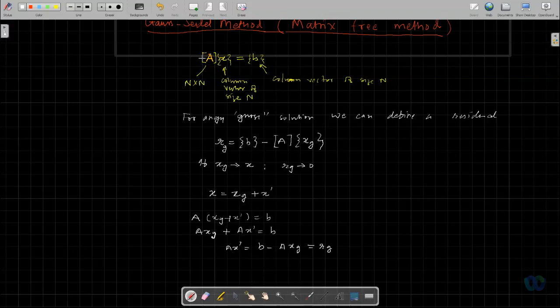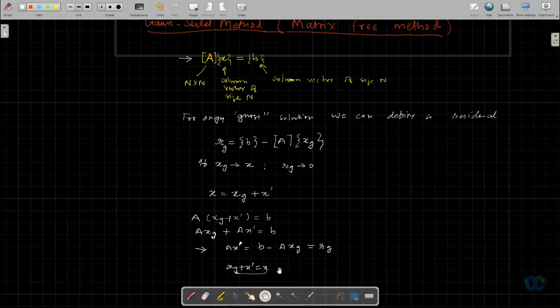So from this we get the equation for the correction column vector, the solution correction. If we find the correction, then we can add it to the guess value and find a new value, and check whether the residual is falling to 0 or not. If not, then again you assume this value as the guess value.